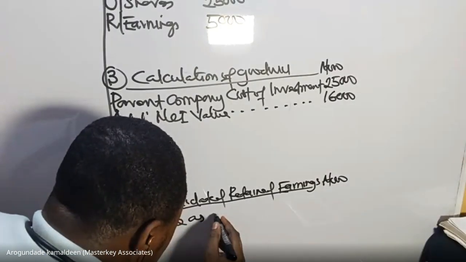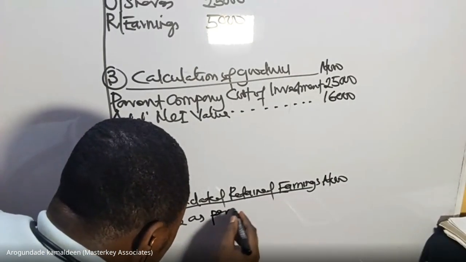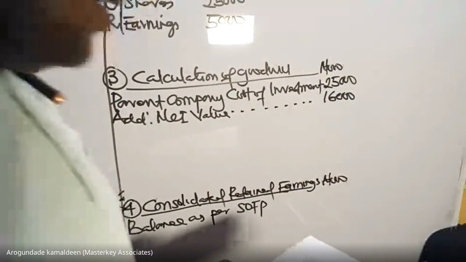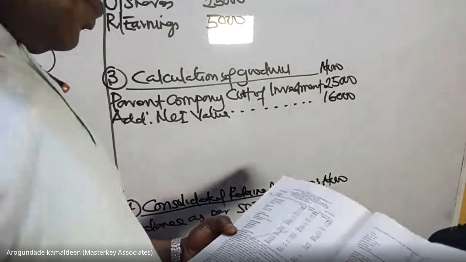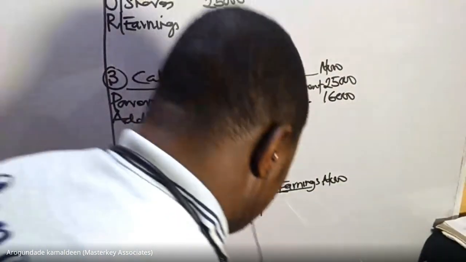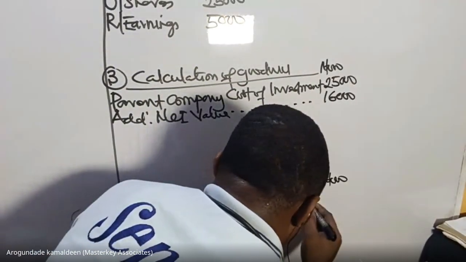Yes. 36.5. Let me check. If you are right, I will give you one cocoa. Thank you. Okay, I'm owing you one cocoa. 36.5. Okay, that is good.